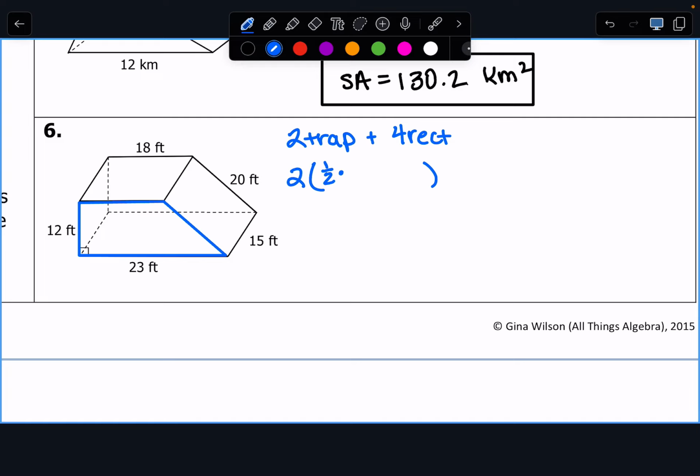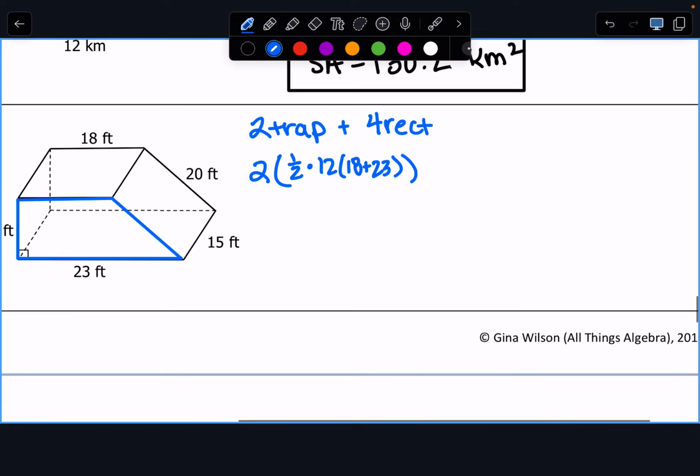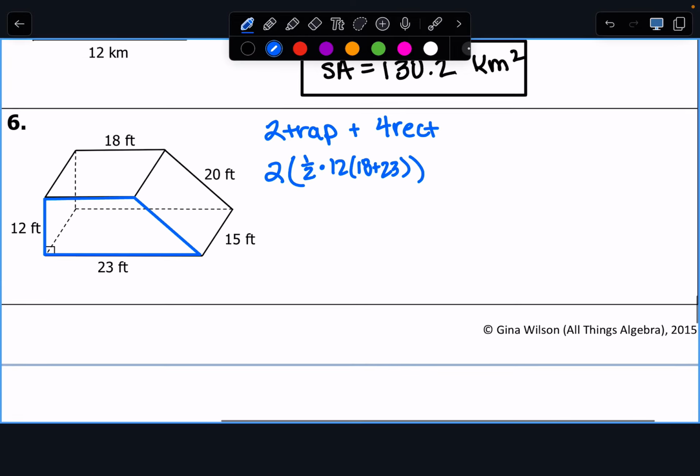Augie, what's the height of the trapezoid? And then we have 2 bases. We have a base of 18 plus a base of 23. Cancel out the 1/2 and the 2 on the outside. Then we have 4 rectangles.